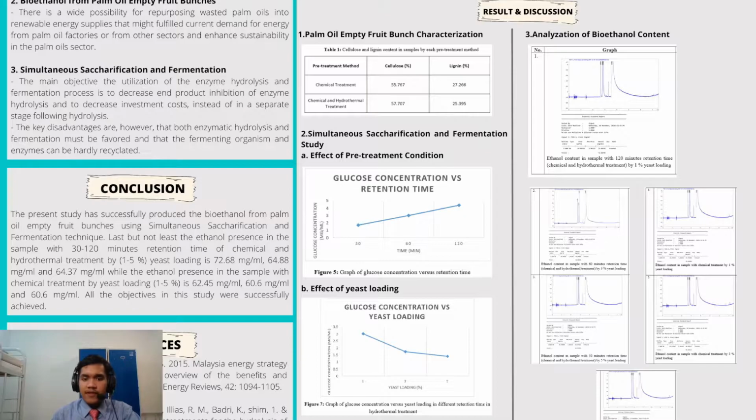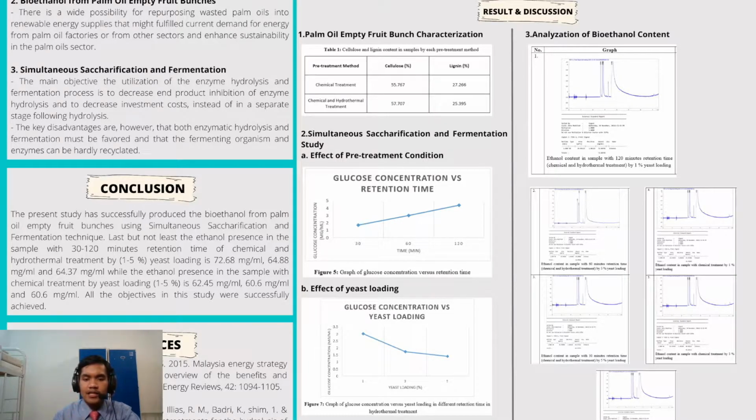The explosive effect on the biomass is due to the removal of hemicellulose from biomass during hydrothermal treatment and liquid hot water pretreatment. Table 1 shows that combined chemical and hydrothermal treatment enhances the percentage of cellulose much more than simply using chemical treatment. Comparing samples with and without chemical treatment, chemical treatment lowers the proportion of lignin.